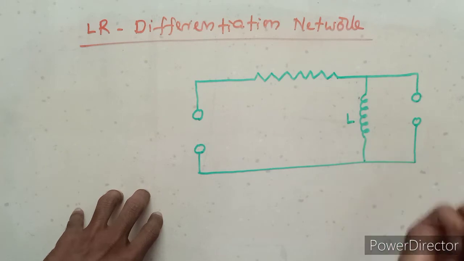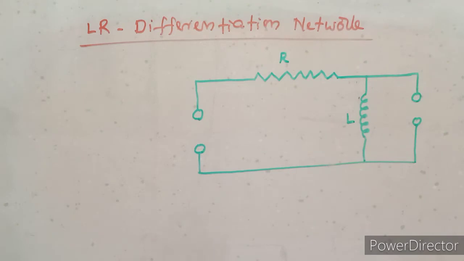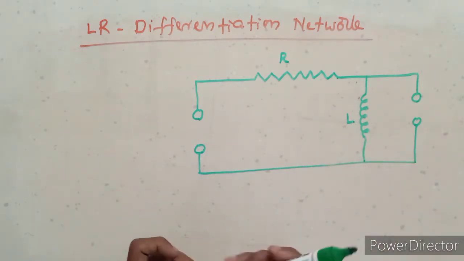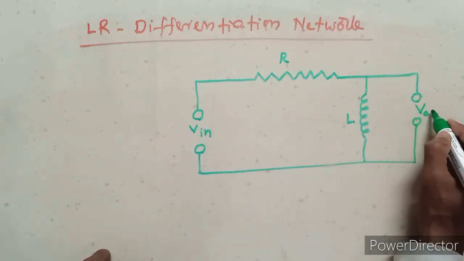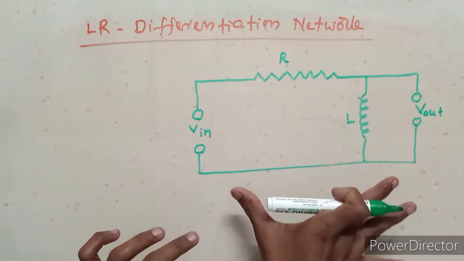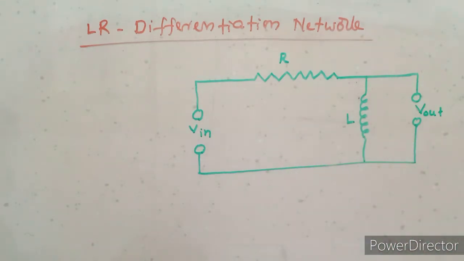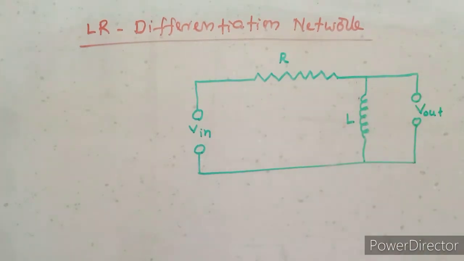So this is the inductor. This is the LR differentiation circuit. This is the voltage input, this is the voltage output, the output voltage across L. So this circuit can be used for differentiation.